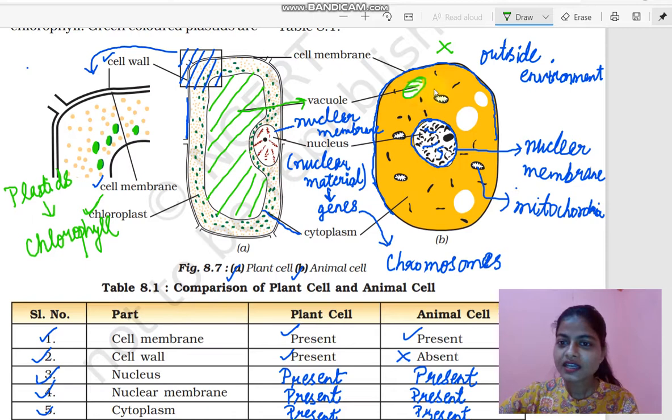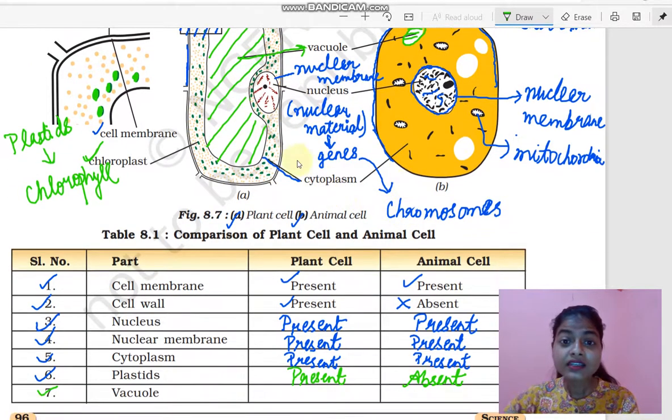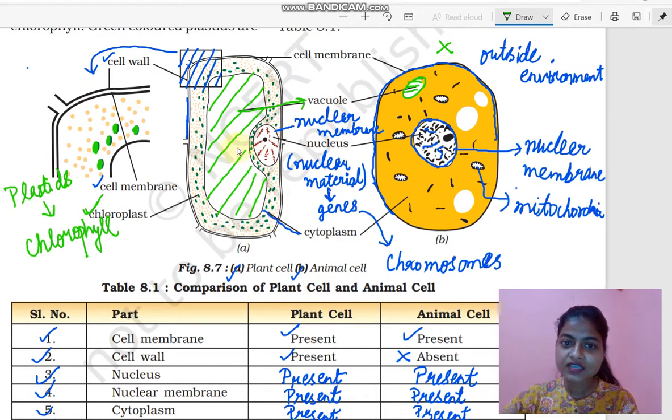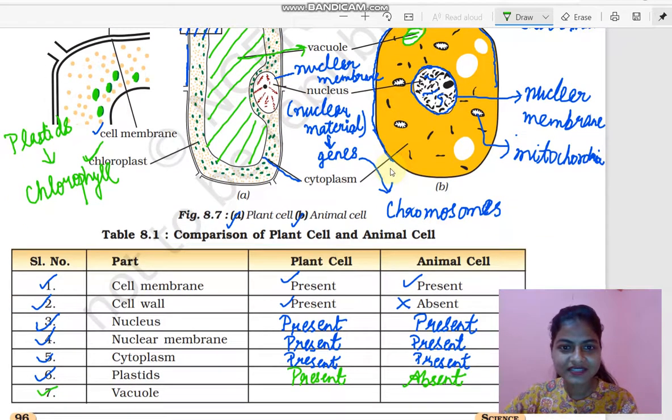So we can say that vacuole is present in both the cells, but the size of the vacuole in plant cell and animal cell is different. The size of the vacuole in plant cell is comparatively large as compared to that in animal cell.